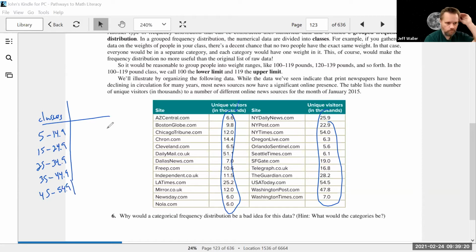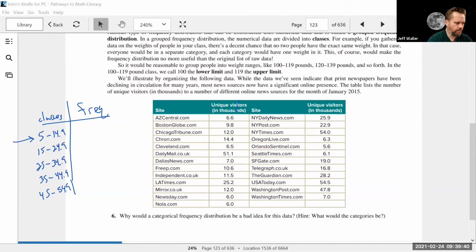There you go, buddy. So I'm still going to have a frequency column. How frequently did a data point show up between these two values? This is going to kind of suck since they're not in order, but too bad. So it's got to be between 5 and 14.9.